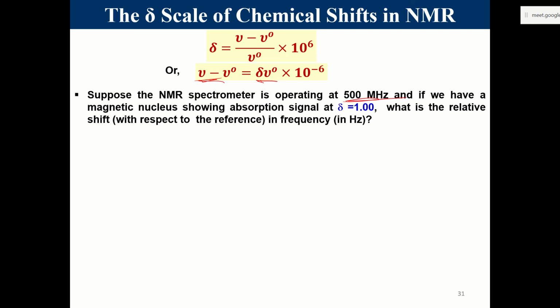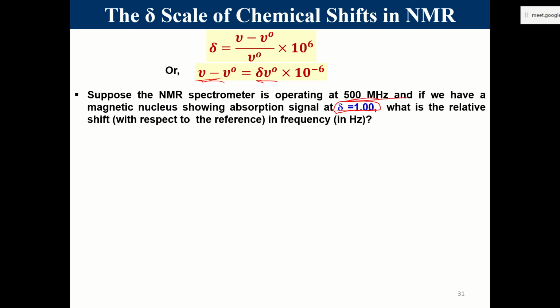Suppose NMR is operating at 500 megahertz, and you have a nucleus which shows absorption signal at chemical shift value of 1. What is the relative shift in frequency?